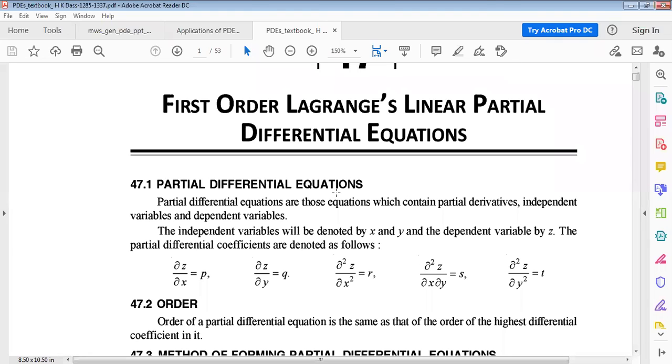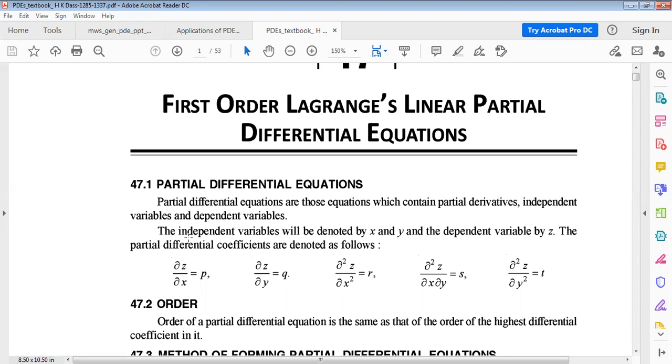So first of all, what are partial differential equations? Partial differential equations are those equations which contain partial derivatives, that means partial differential coefficients, independent variables and dependent variables. The independent variables will be denoted by x and y, and the dependent variable will be z.